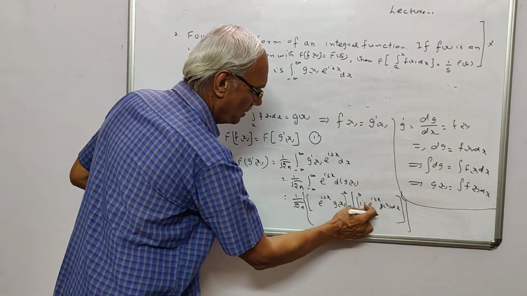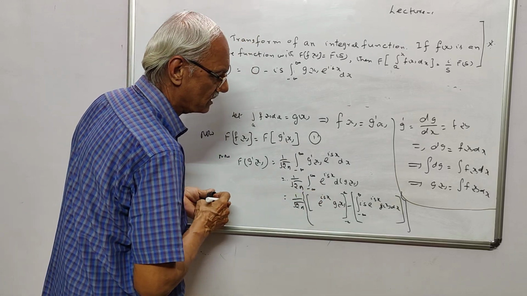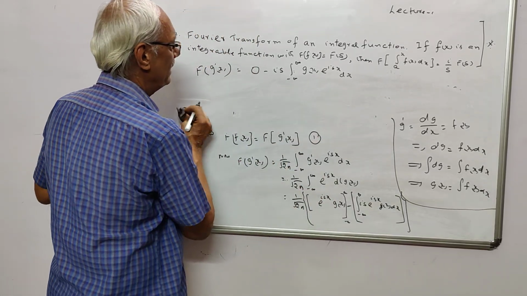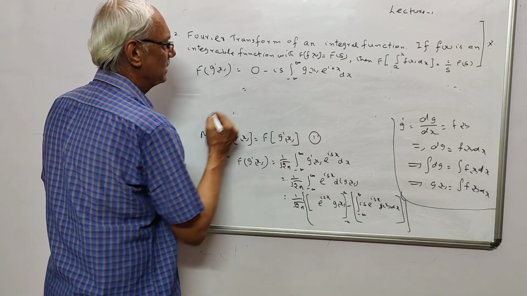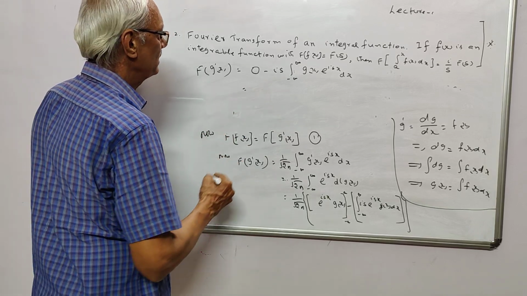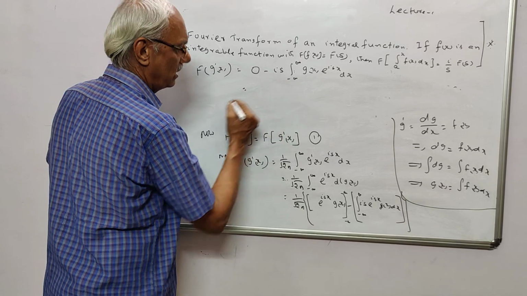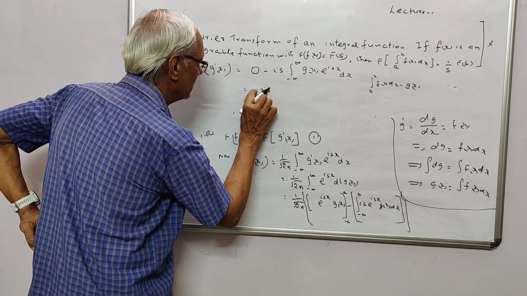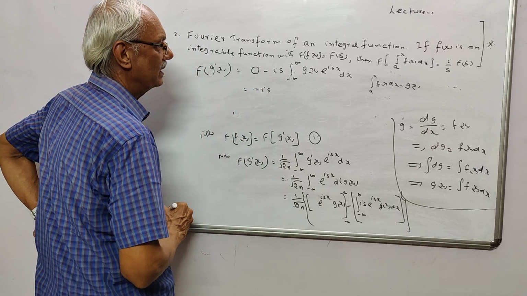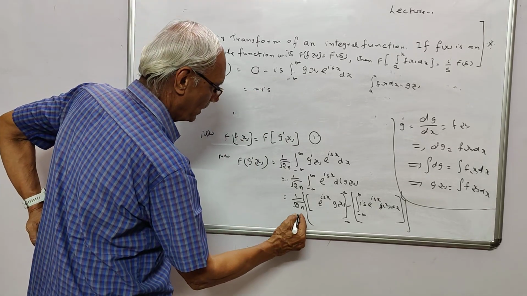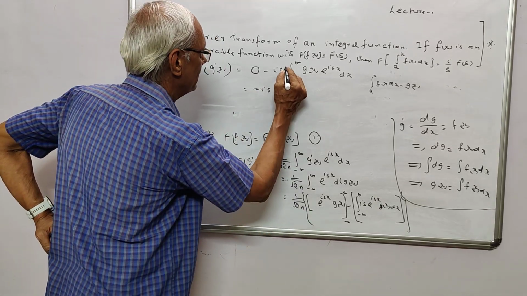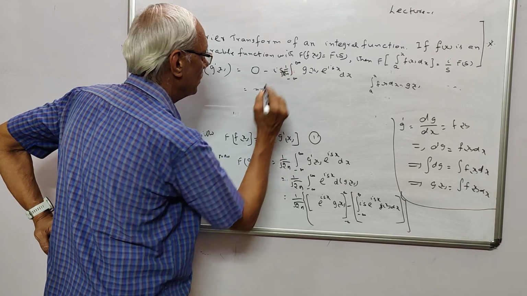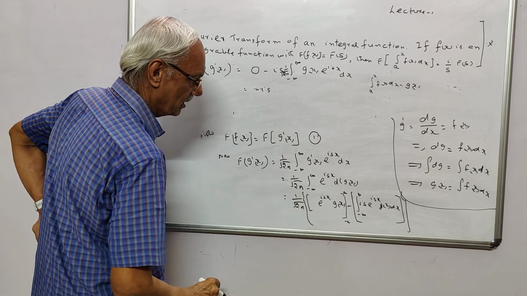So this minus is, because it is a constant, I am taking that outside. So you will have this. Now I will write this as minus is, and this 1 by square root of 2 pi is very much there, it is coming here.